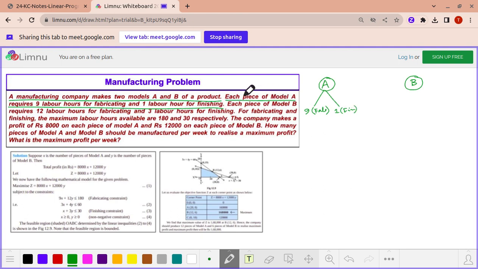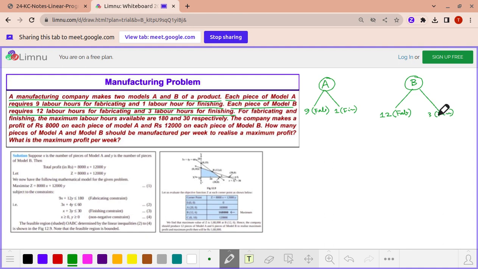Now let me again go through the problem. Each piece of model B requires 12 labor hours for fabricating and 3 labor hours for finishing. So here we can write for model B: 12 for fabricating and 3 labor hours for finishing.